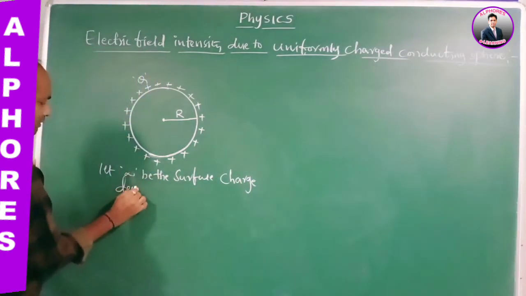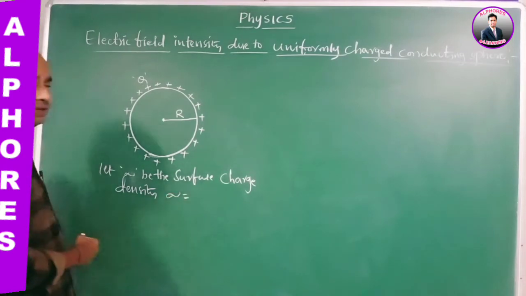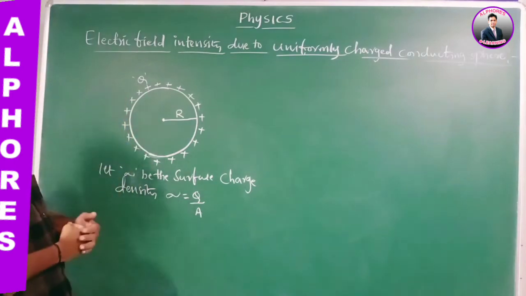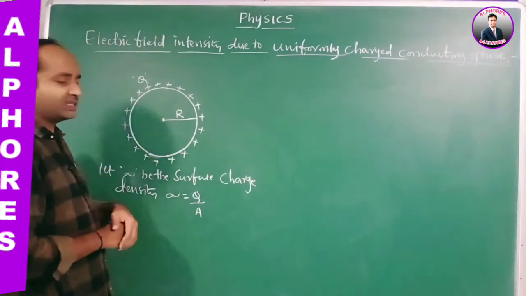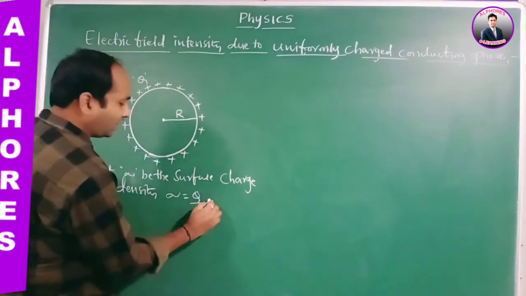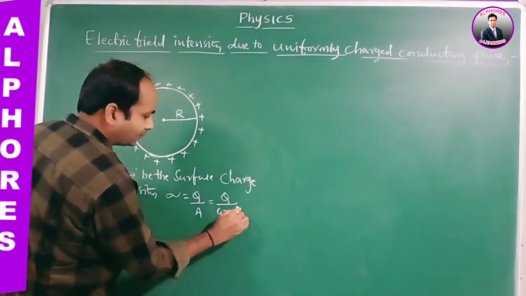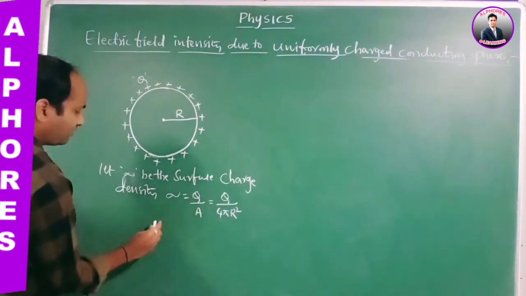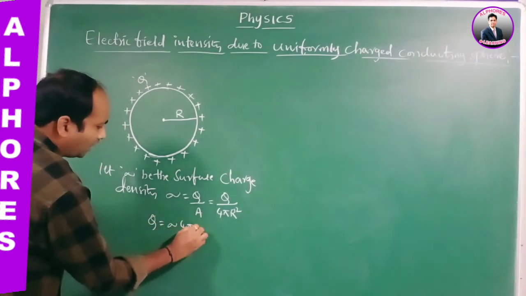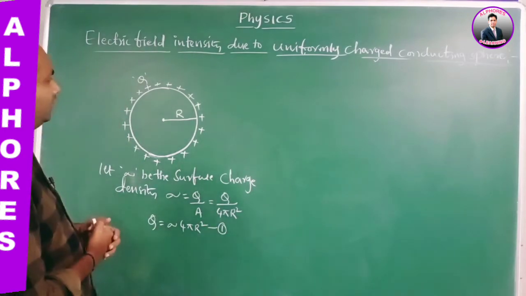Sigma is equal to charge per unit area, sigma is equal to Q by A. Q is the charge given to the sphere, A is the surface area. The surface area of a sphere of radius R is 4 pi R square, so sigma is Q by 4 pi R square. From this equation we may write Q is equal to sigma 4 pi R square. Let us take this as equation number 1.